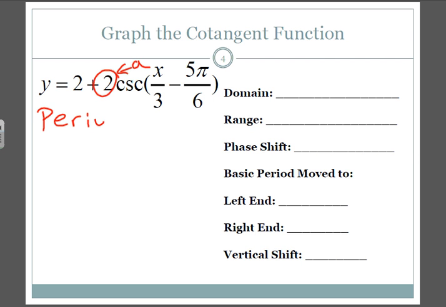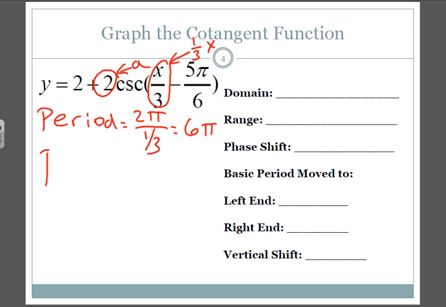Your period is equal to 2 pi divided by b, and in this case, b is 1/3 times x, so it's 1/3. You put that in your calculator, you find out that your period is 6 pi.